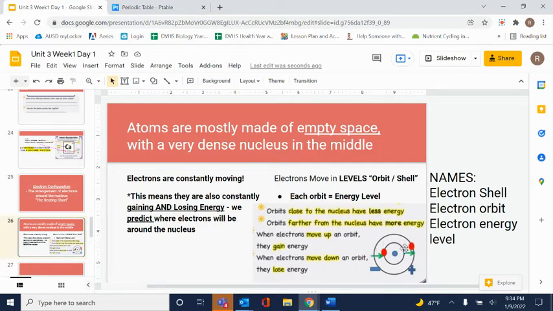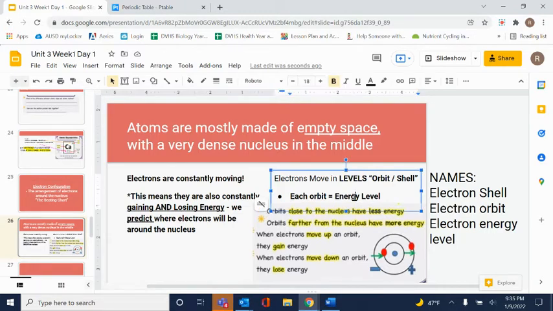Well, there's orbitals. So remember I said that we draw this so that we can kind of wrap our minds around this. But every circle here you see around this little blue dot that represents the nucleus is an orbital, okay? And we call each level or each orbit an energy level, okay? There are several names for each energy level.